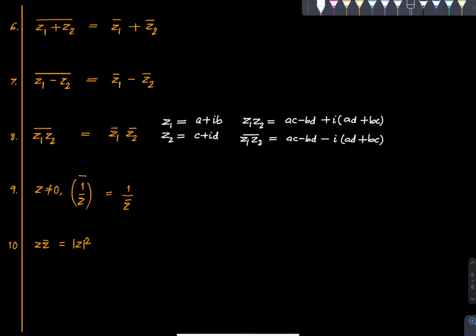Right? z1 bar is a minus ib. z2 bar is c minus id. So z1 bar z2 bar is ac, no, again, it's a minus. ac minus bd, because just basic computation.